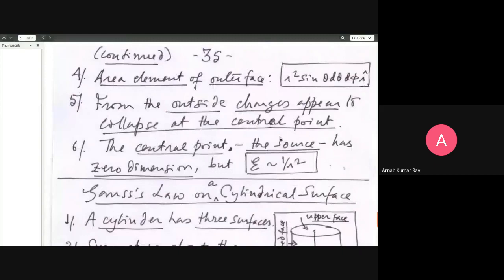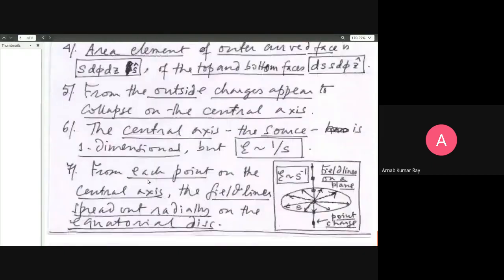So here you have 0 plus 2, here you have 1 plus 1. In the case of a plane, the dimension of the plane is 2, therefore the electric field will fall off as 1 upon distance raised to 0. Anything raised to 0 is 1. So the electric field becomes a constant quantity. I'll stop the sharing here.